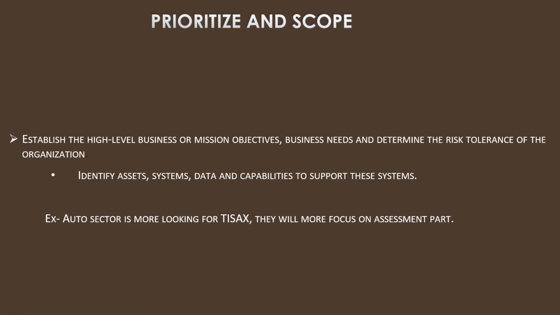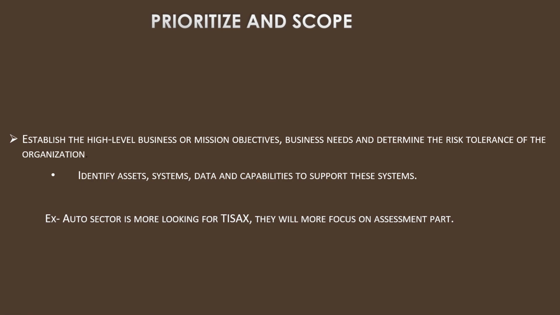It defines what assets require protection or assessment. As we can see on screen, scope and prioritize includes the establishment of high level mission objectives, business needs, and determining the risk tolerance of the organization.